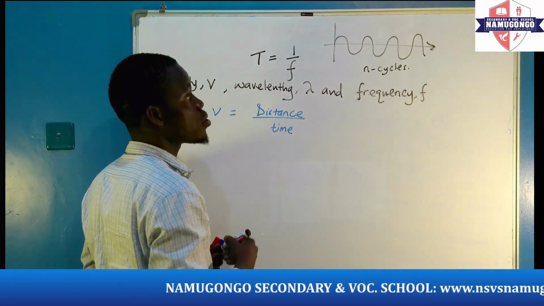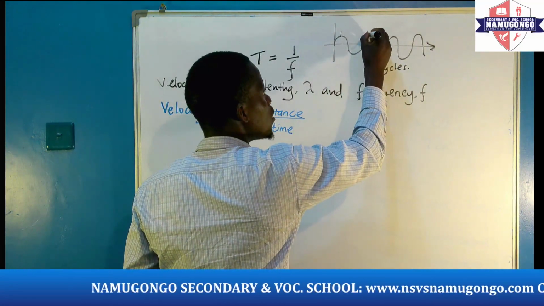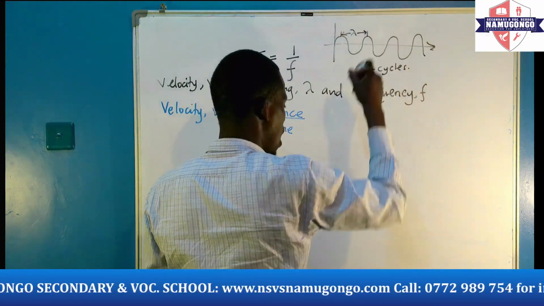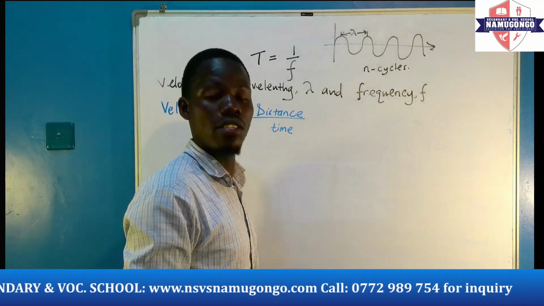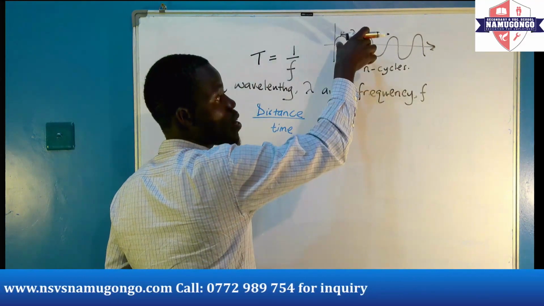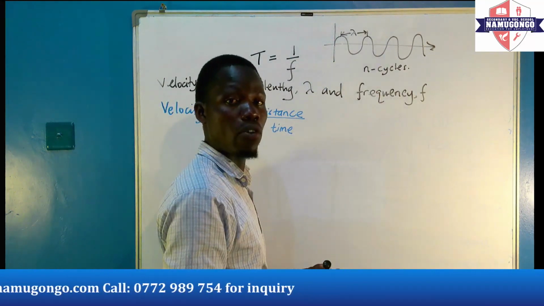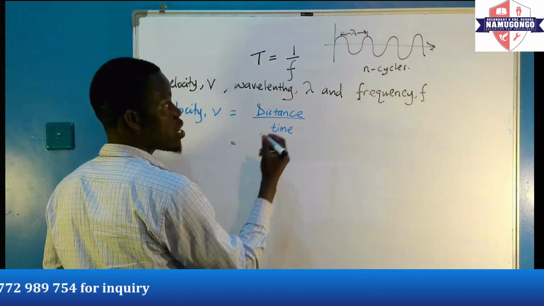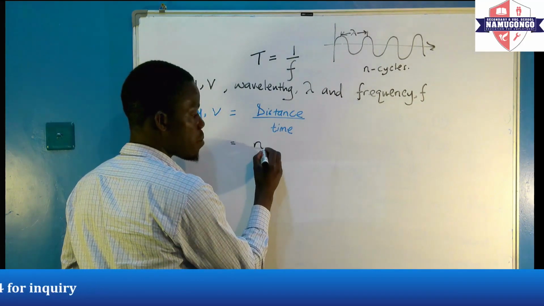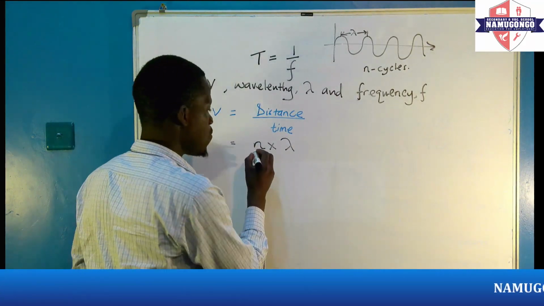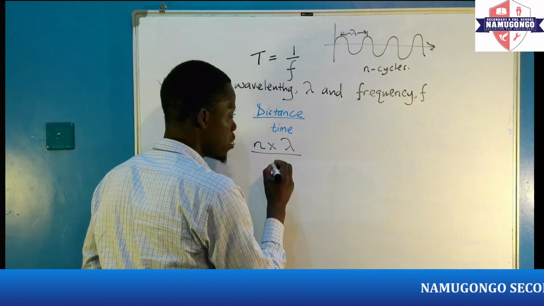And these cycles are going to be repeated for every given period and for a given distance in terms of wavelength. So the total distance will be the wavelength times the number of cycles. So this means we are going to have, therefore, the velocity being the number of cycles times the wavelength divided by our time t.